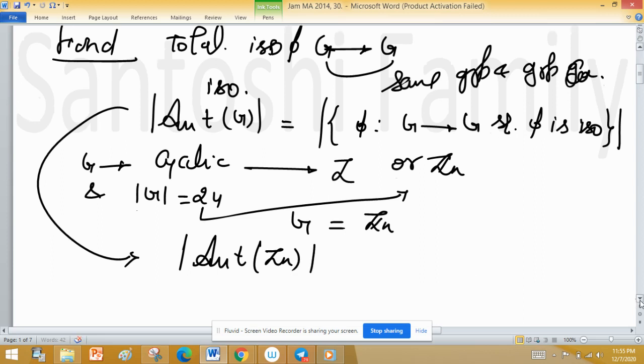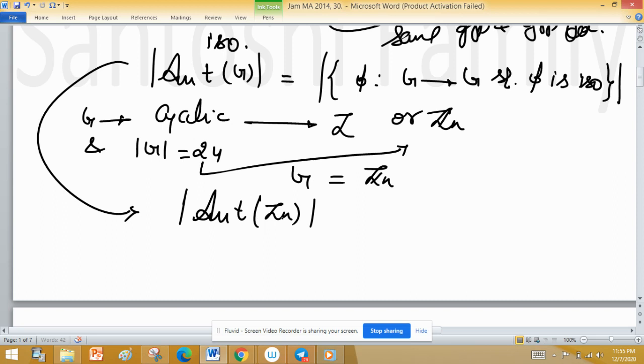And we know that the automorphism group of Z_n is isomorphic to U_n.